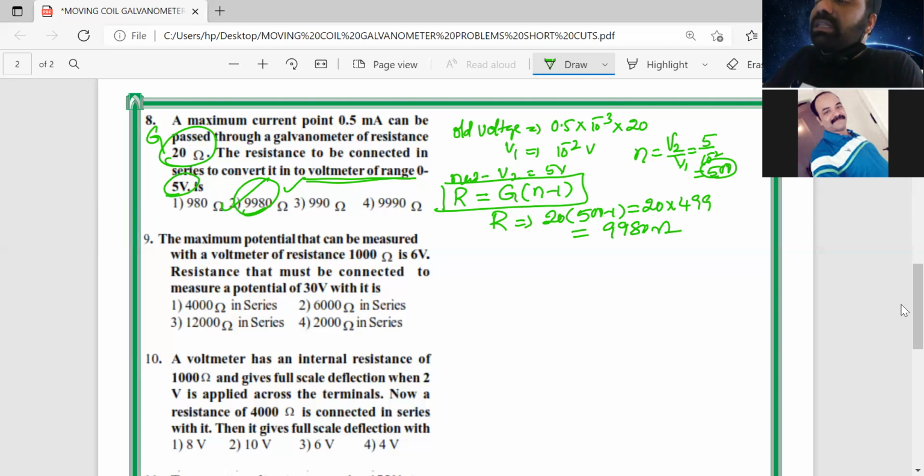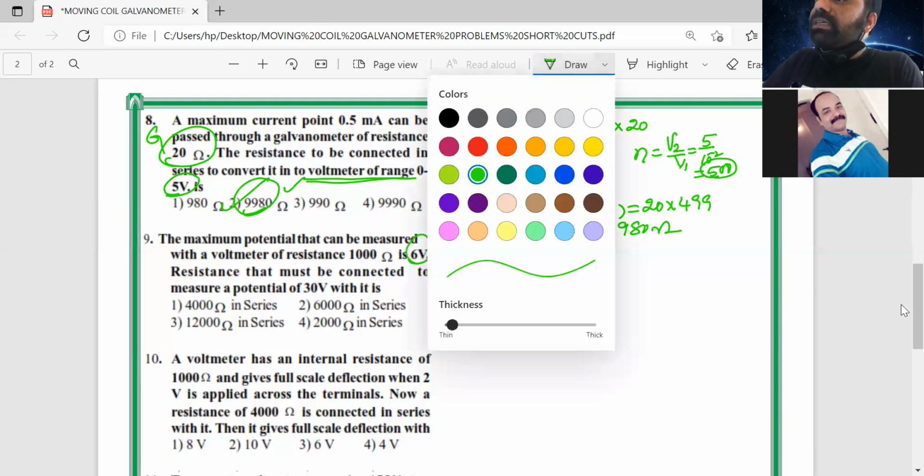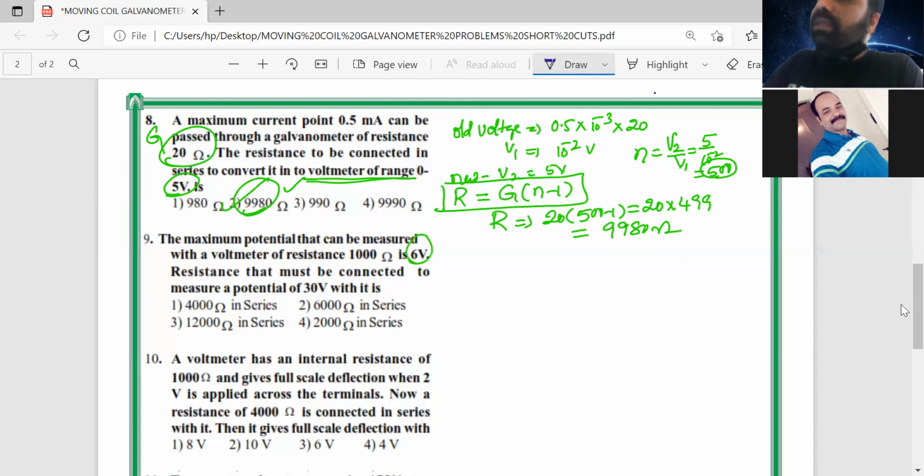Here this is the new voltage and this is the old voltage. Again we want the n value. N is equal to new voltage by old voltage, 30 by 6, it becomes 5.